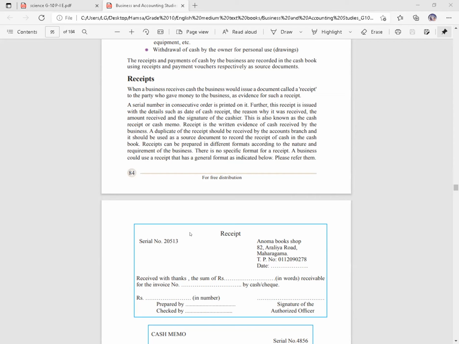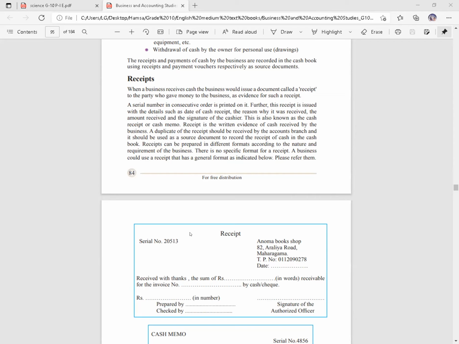When you prepare a receipt at the moment you receive cash, it will help you to record the transaction in the cash book in future. Otherwise, you won't have any evidence.